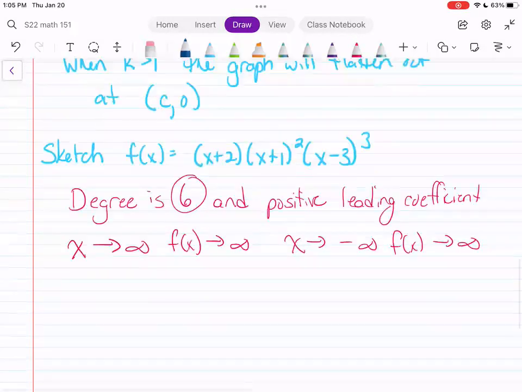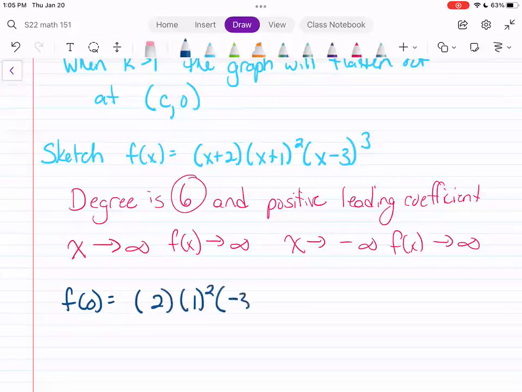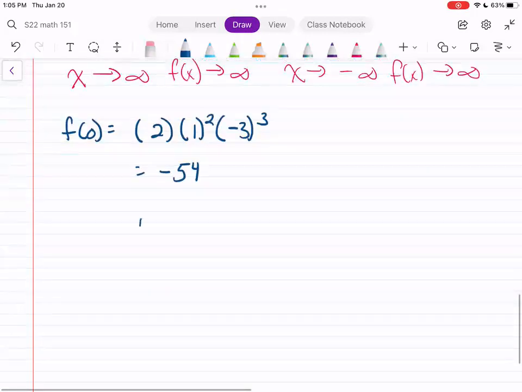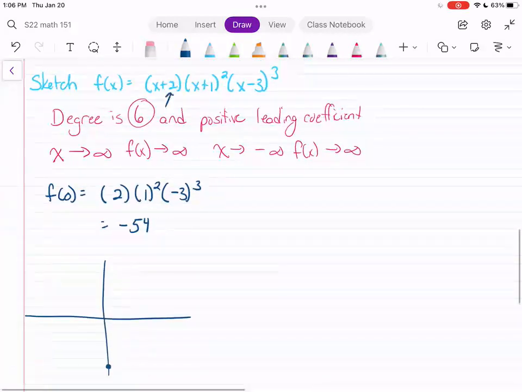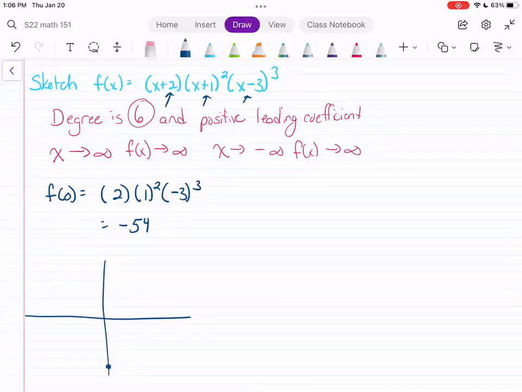Using the steps that we've previously discussed, we can find the y-intercept by plugging in 0 for x, which leaves us with 2 times 1 squared times negative 3 cubed, which leaves us with negative 54. So we know that the graph is going to cross the y-axis at 0, negative 54. And then we know that there are zeros at negative 2, negative 1, and positive 3.